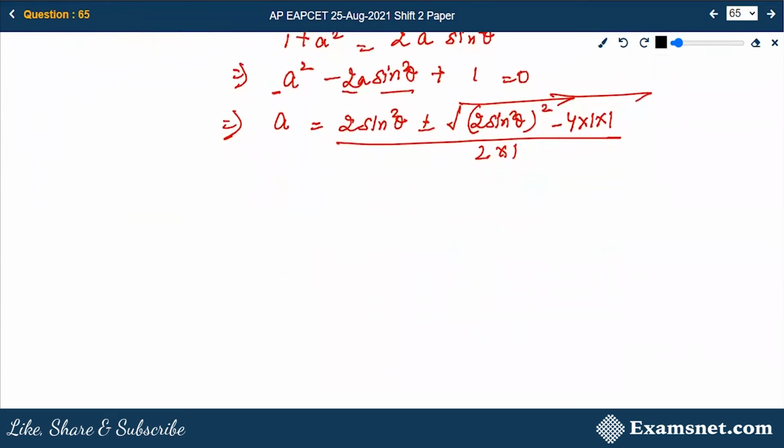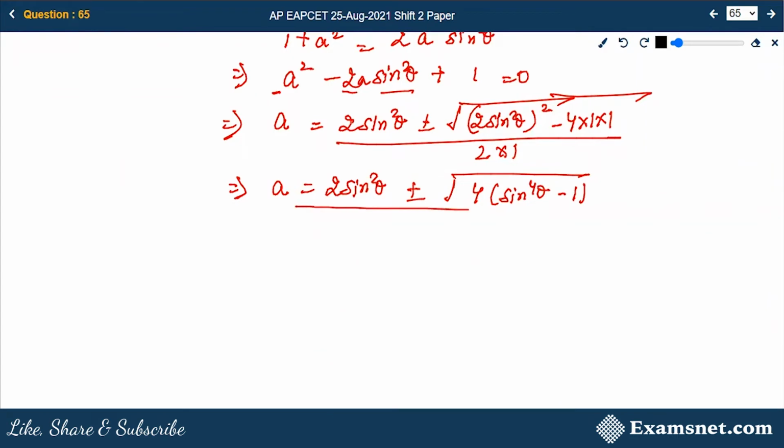So this will become A is equal to 2 sine square theta plus minus. I'll take 4 common from here. So this will be sine raised to power 4 theta minus 1 divided by 2 of course. So this will be 2 sine square theta plus minus 2 will come out, I'll take out 2 because the square root of 4 is 2.